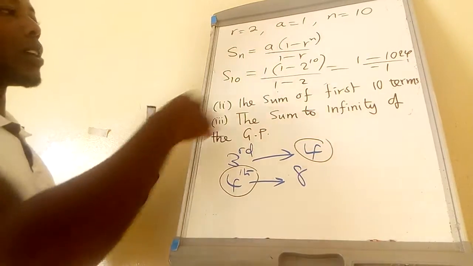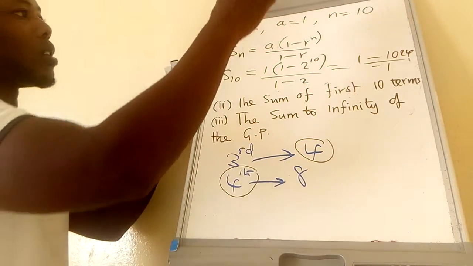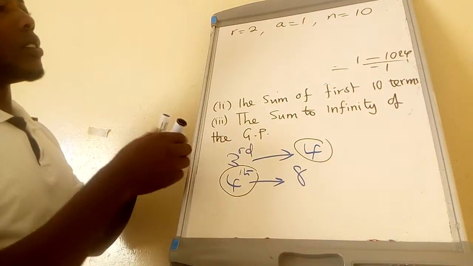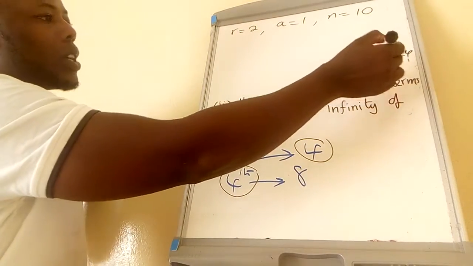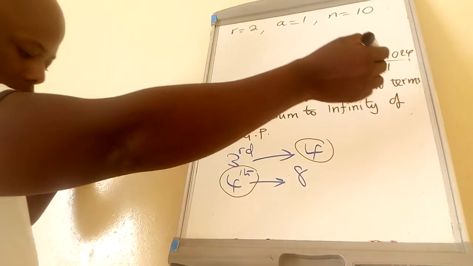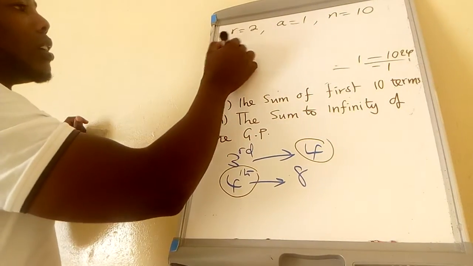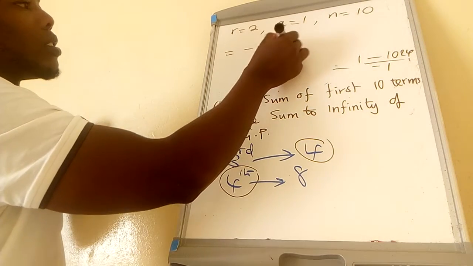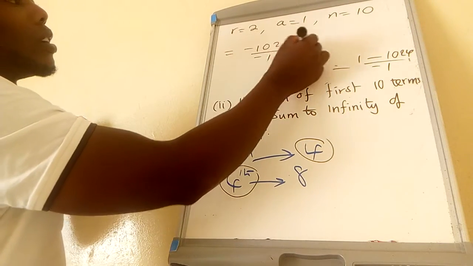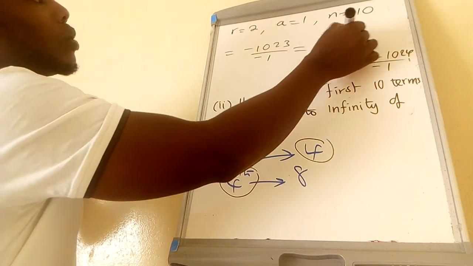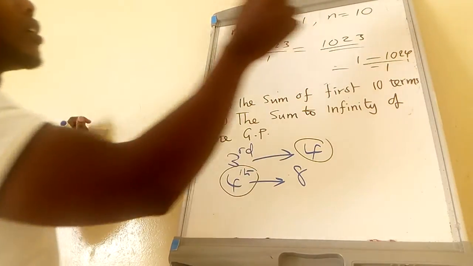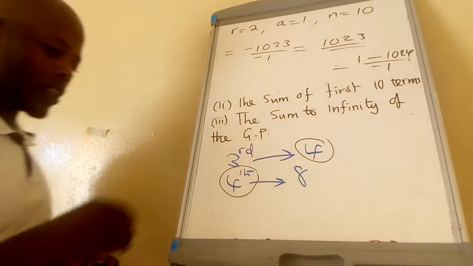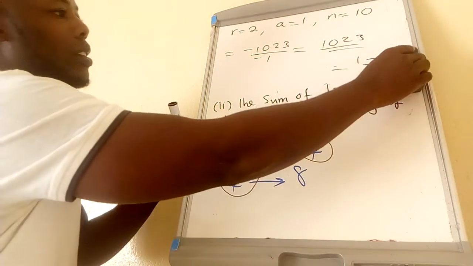Here, 1 minus 2 will be negative 1. When we work out the top, we'll find the value that remains is negative 1023 over negative 1. So our answer is 1023. We have answered this question.